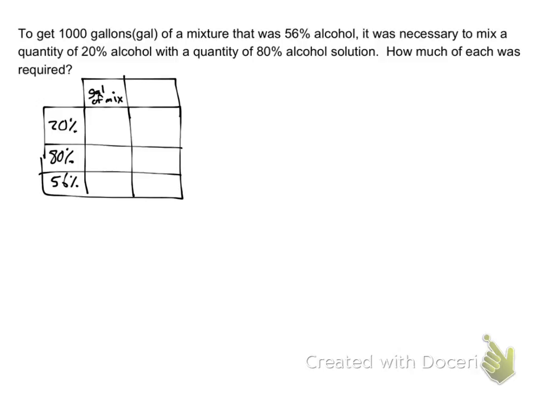There's a 20% mixture. That's 20% alcohol and 80% who knows what. It could be water. It could be anything else. The other one's 80% alcohol. And the last one we want to make is 56% alcohol. The last column is going to be gallons of alcohol.